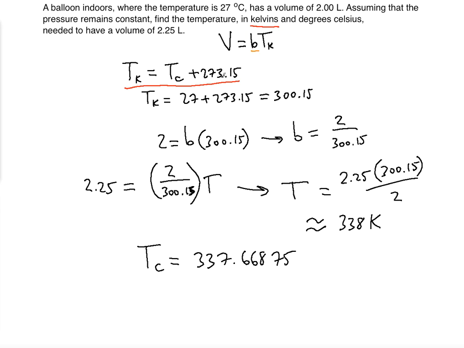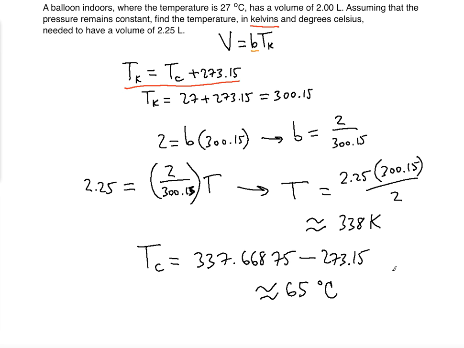So you're going to subtract 273.15 from the temperature in kelvins, from 337.66875, so minus 273.15, which rounded to 2 significant figures is going to give you 65 degrees Celsius.